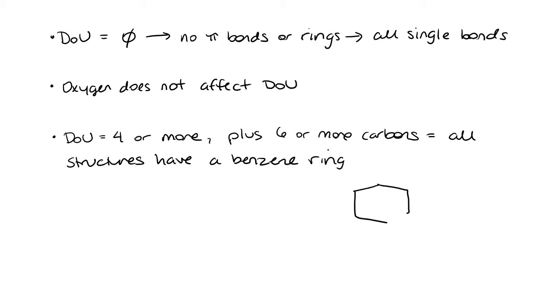So benzene, if we take a look at it, is made up of one ring plus 1, 2, 3 pi bonds. So a benzene ring itself has a total of 4 degrees of unsaturation. So just keep that in mind when you're doing your degree of unsaturation calculations in the worksheet. If you come up with 4 or more, just know that all of your structures will involve a benzene ring.